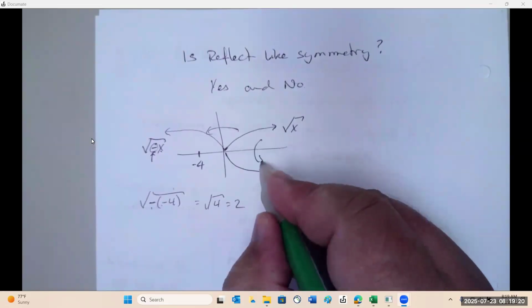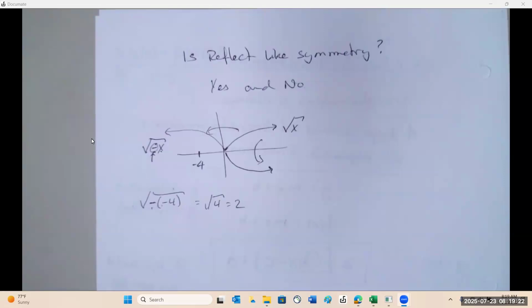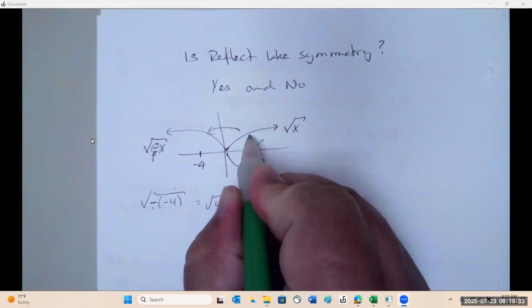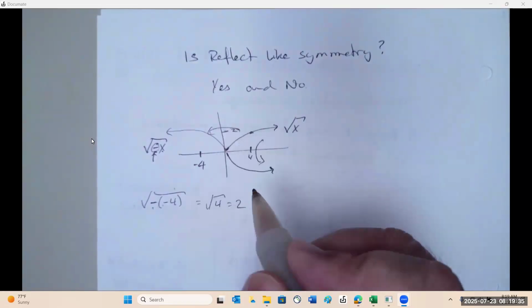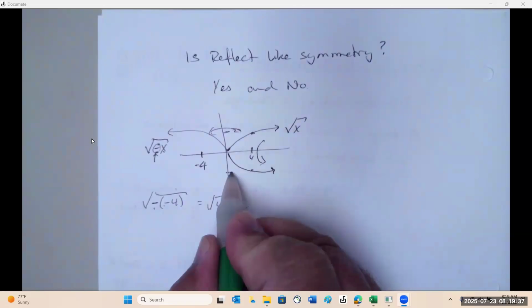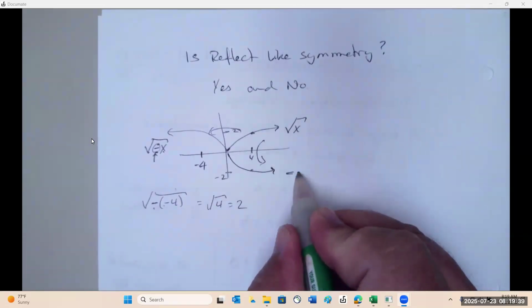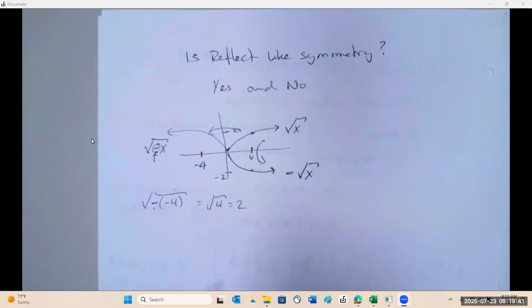If I flip across the x-axis, what happens to my values there? Is x changing or is y changing? At 4, the answer is 2. So at 4, it's going to be -2. Because it's a vertical change, it happens outside the function.